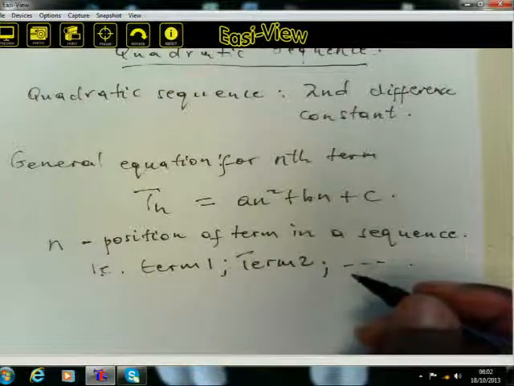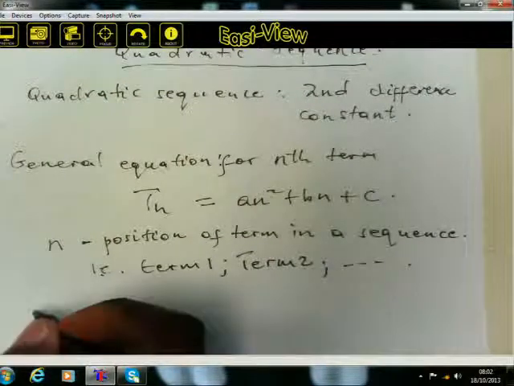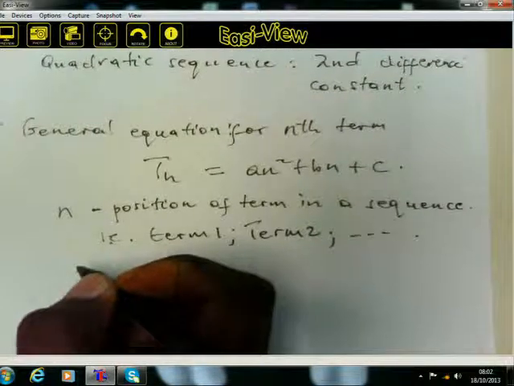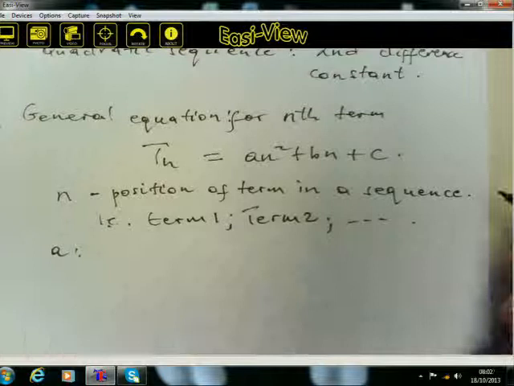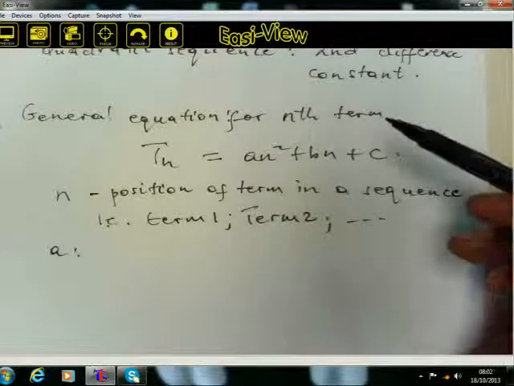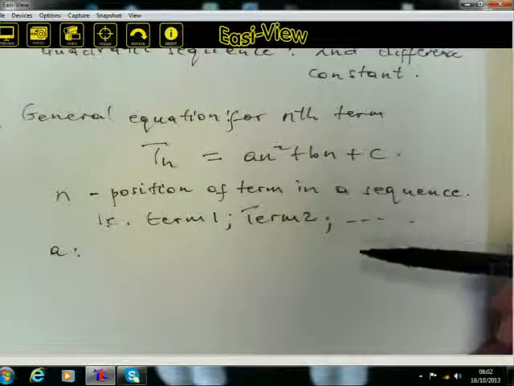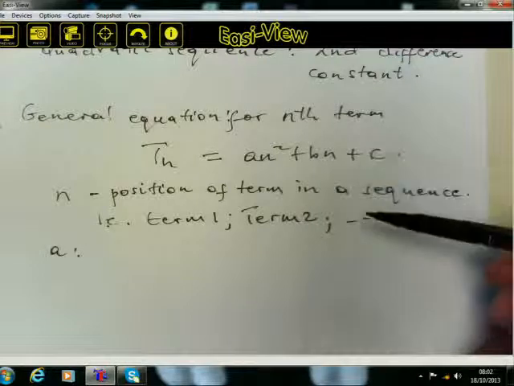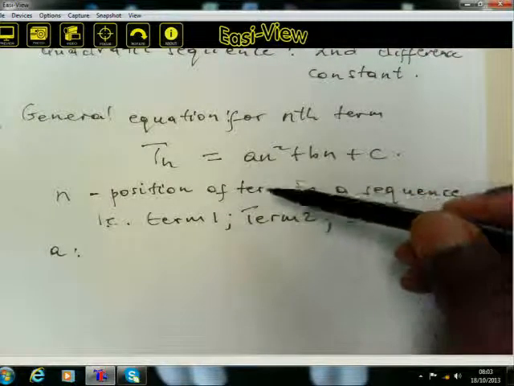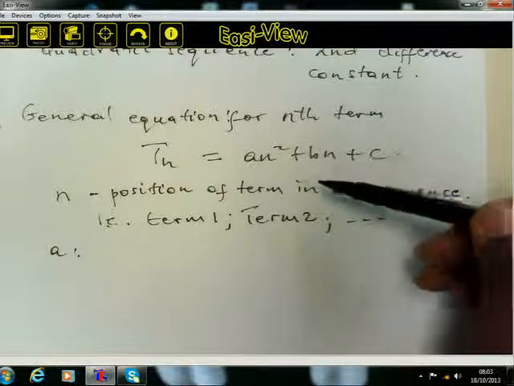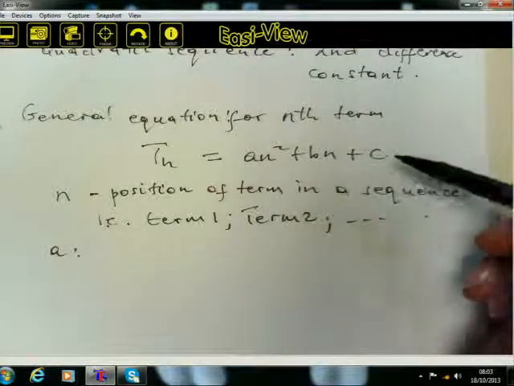Right? And now let me come to the A, which is also very, very important in this sequence. Remember that I said in a quadratic sequence, the most important formula or equation that we have is Tn, which is equal to an squared plus bn plus c.